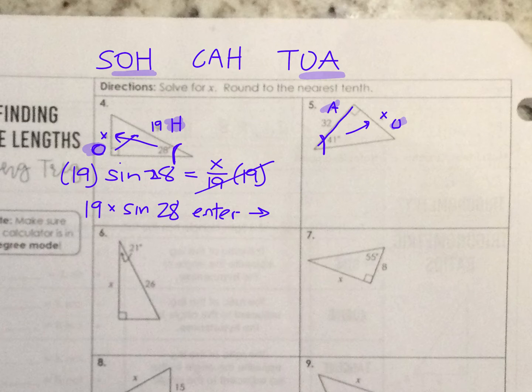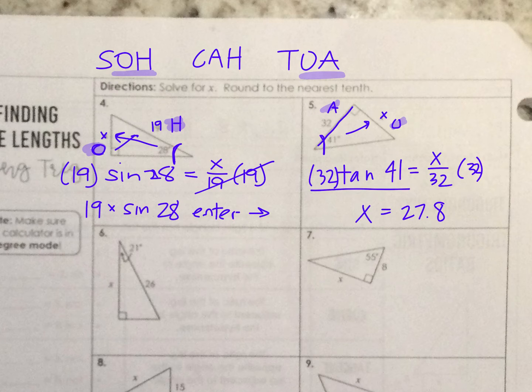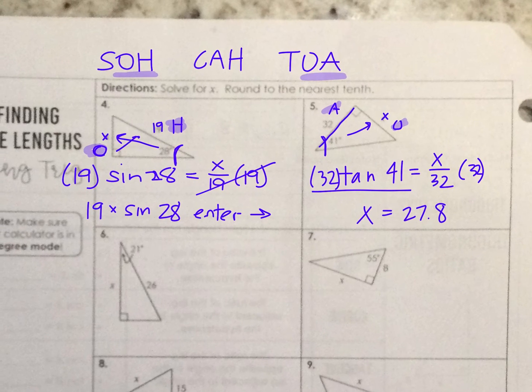So the tangent of 41 is going to equal O, that's my X, over my A, 32. Same thing I did on the other side. I'm going to multiply 32 times the tangent of 41. When I type that in my calculator, I get X is equal to 27.8.